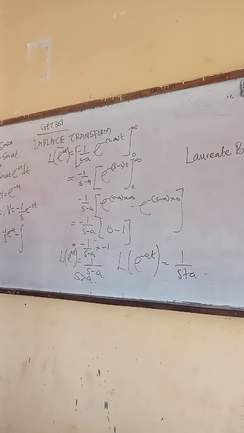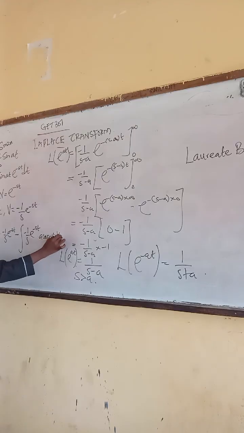du. What is v? Minus 1 over s exponential minus st, du dt.